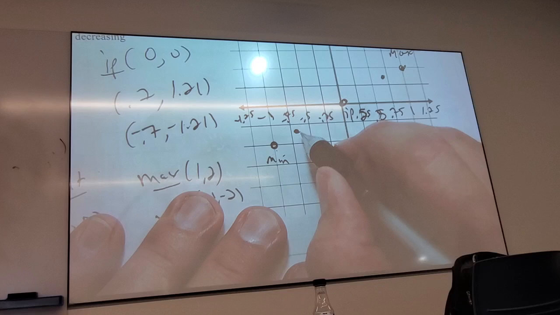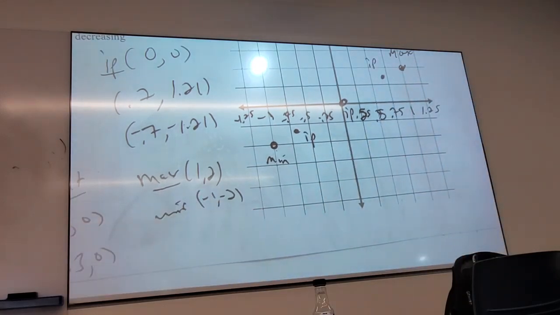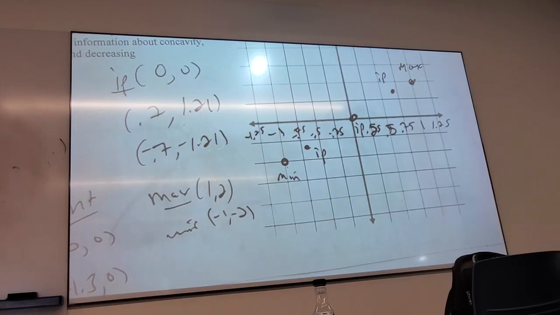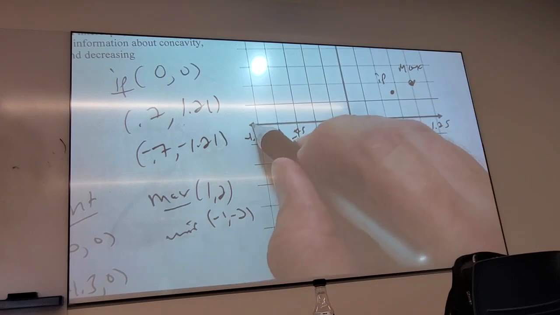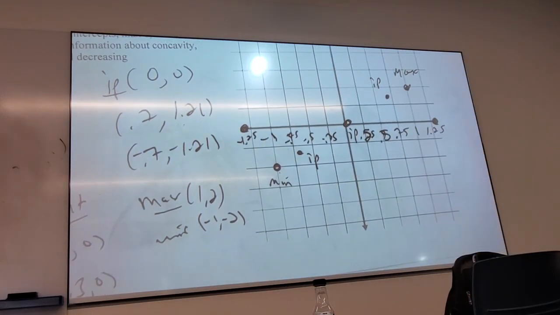So these are inflection points. Okay, I like it. I feel like I'm missing some. Oh, what was my intercepts? Here we go. There's an intercept at negative 1.3 and an intercept at positive 1.3. There we go. Now, watch this.